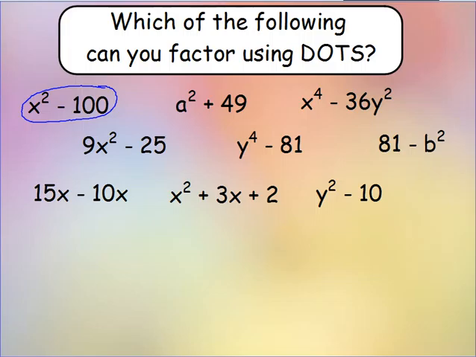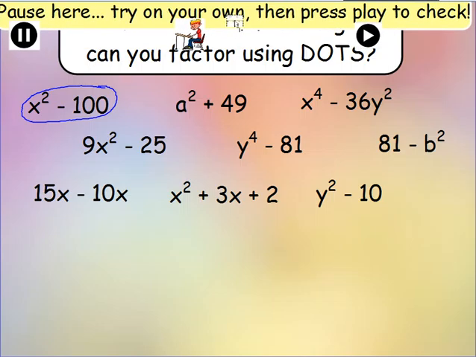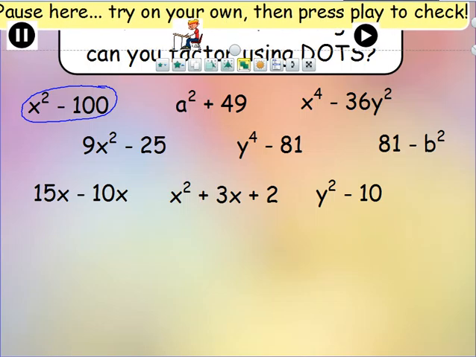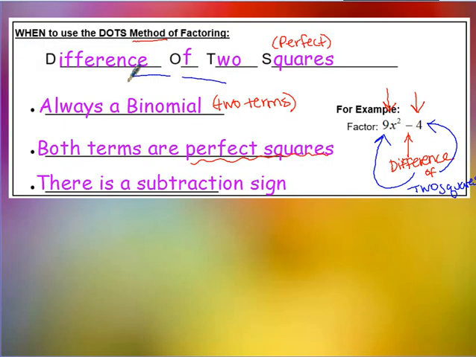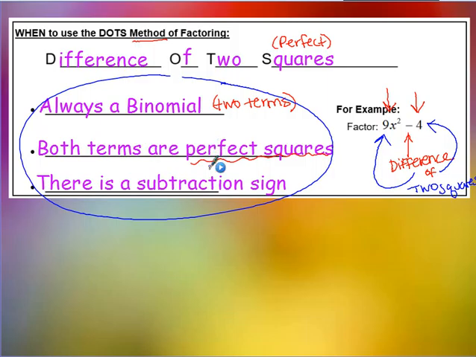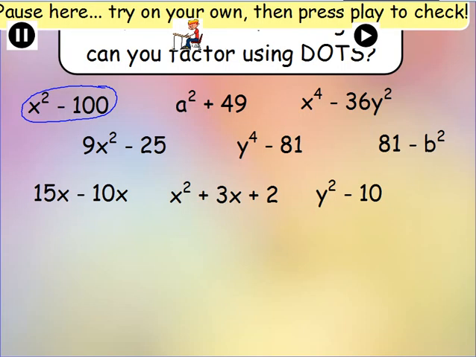I'd like for you to pause the video, circle all of the ones you can find, and then press play to check your answers. Only circle expressions that fit these three requirements. They must be binomials, perfect squares, and subtraction in between. So now pause the video and check your answers.